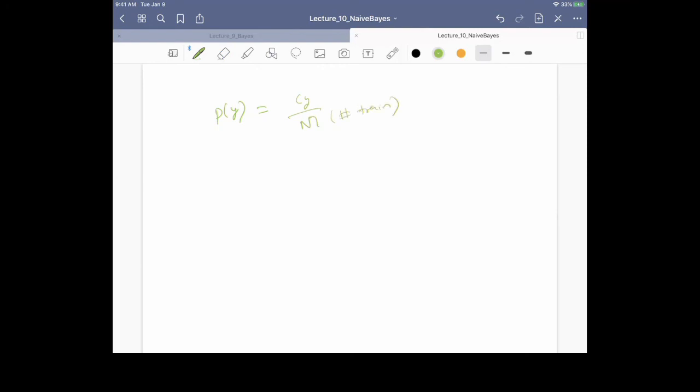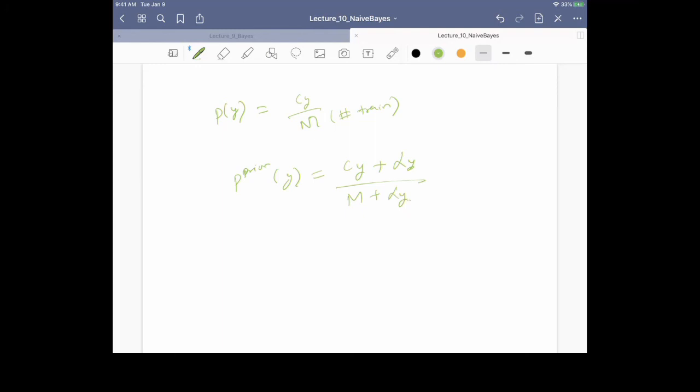With this nice prior distribution, my probability becomes C of y plus alpha y, divided by m plus alpha y.